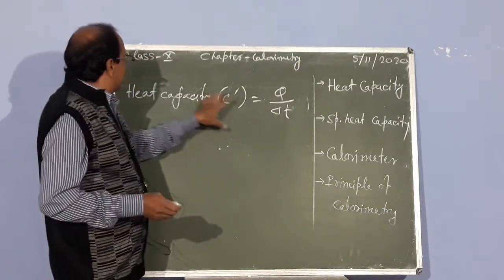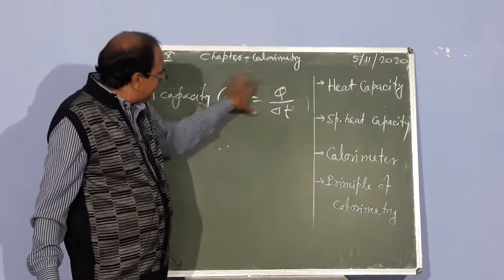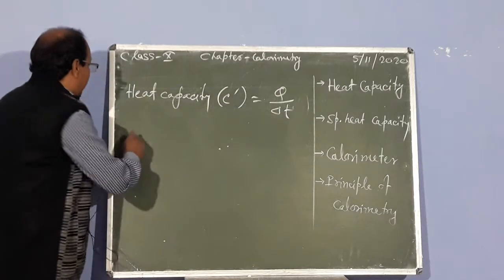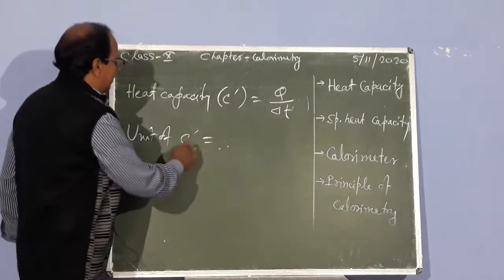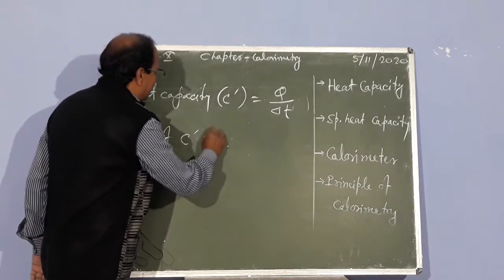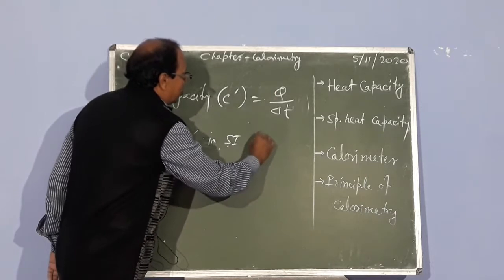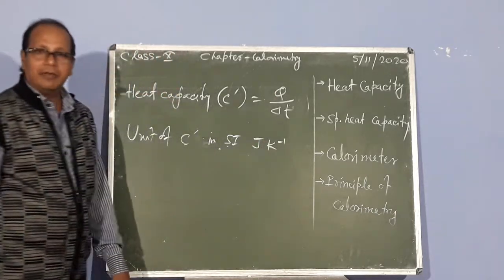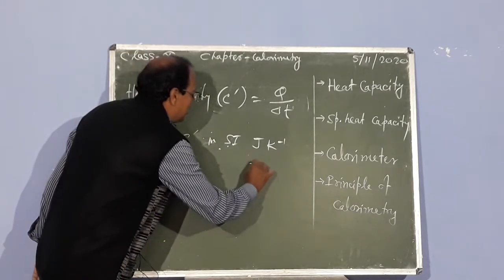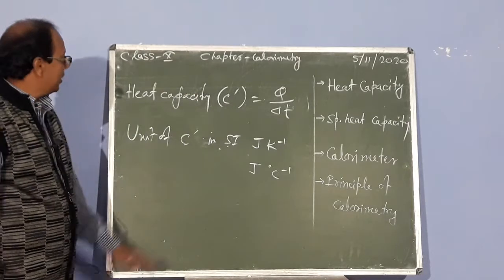From this formula we can get the unit of C dash in the SI system. Q is measured in joule and temperature is measured in Kelvin, so the unit is joule Kelvin inverse, or joule degree Celsius inverse.